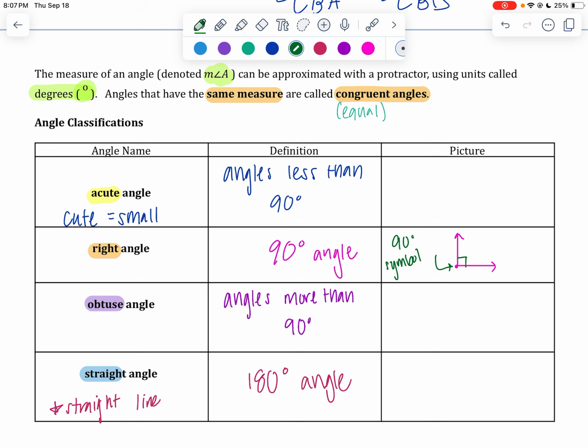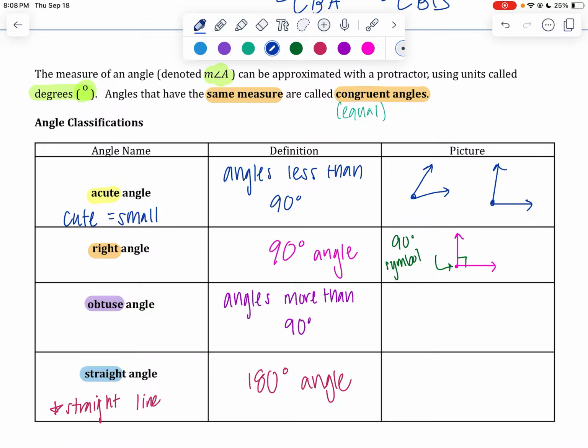Okay. So then an acute angle is any angle that is less than 90. So here are some examples. On my vertex, I could draw my 2 rays. This one is less than 90. It can look almost like a 90 degree angle, but a little bit less. Anything that is less than 90 degrees.